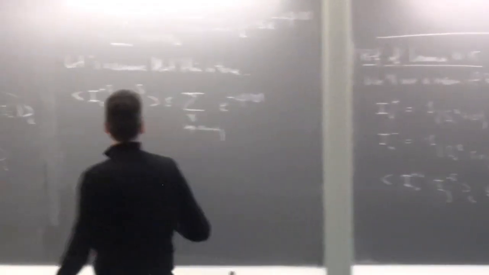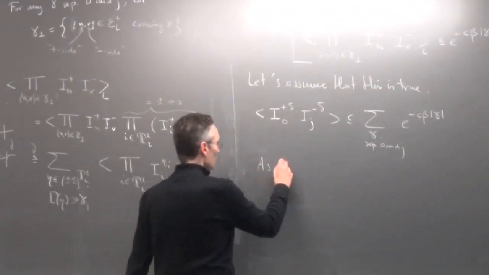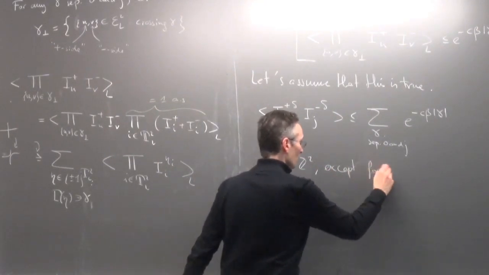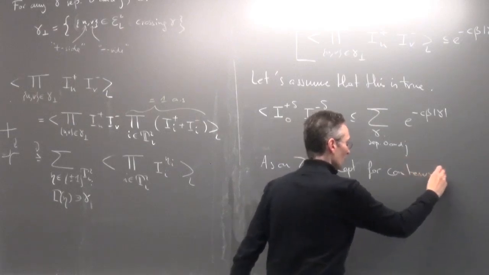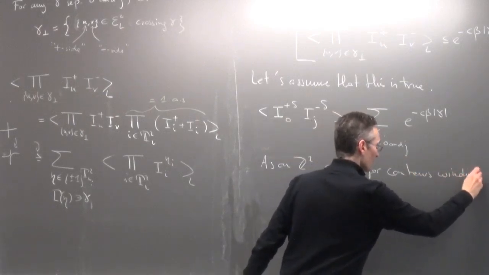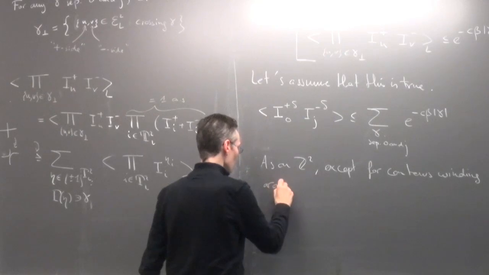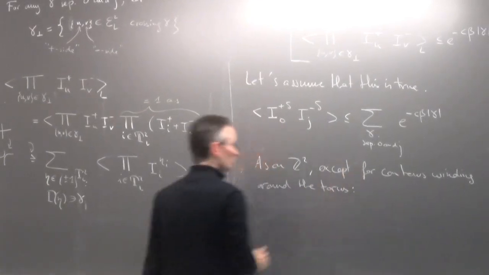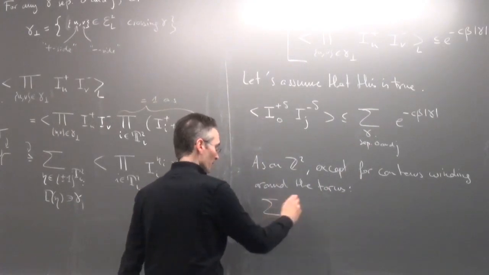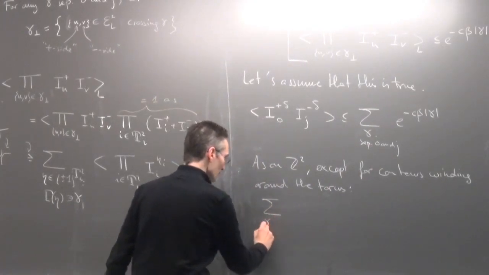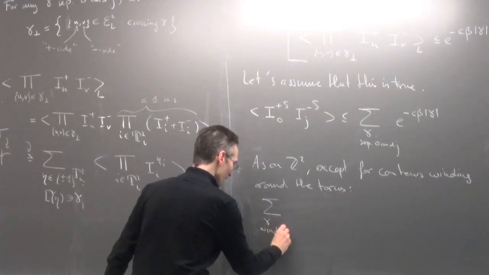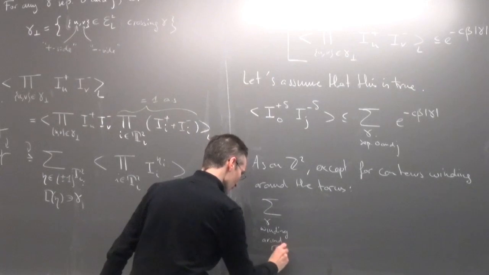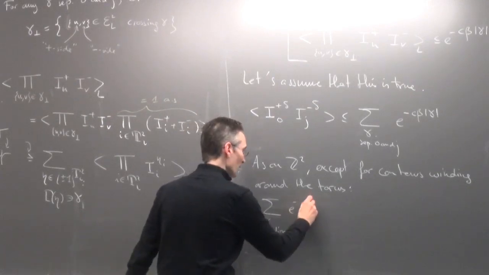Okay. So as on Z2, except for contours winding around the torus, we just have to bound their contribution. So for those we have the sum over gamma winding around the torus of e to the minus C beta gamma.